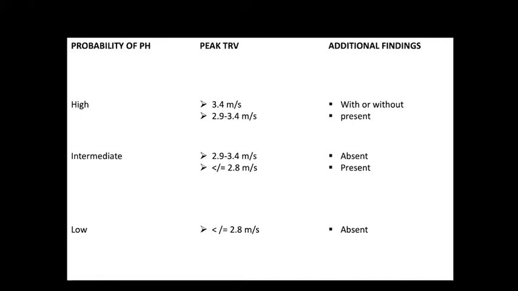Those additional findings include the right ventricular to left ventricular basal diameter ratio, if it's greater than 1, flattening of the interventricular septum, right ventricular outflow Doppler acceleration time less than 105 milliseconds and/or mid-systolic notching, early diastolic pulmonary regurgitation velocity greater than 2.5, pulmonary artery diameter greater than 25 millimeters, inferior vena cava diameter greater than 21 millimeters with decreased inspiratory collapse, and right atrial end-systolic area greater than 18 centimeters squared.